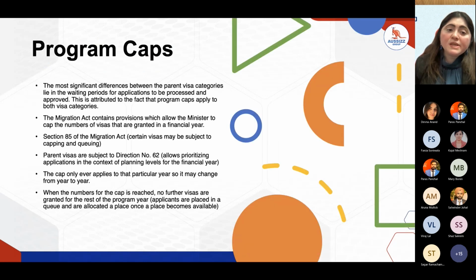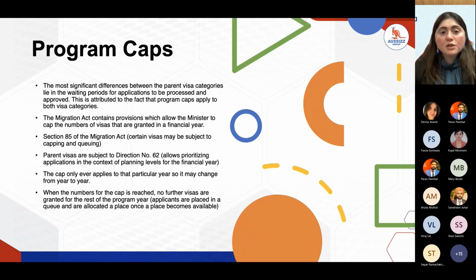Now the capping is about the queuing, like we discussed about processing times, how long it takes for the parent visa to be processed. The big difference between all the parent visa categories is the processing times, the fees, and the bridging visas.